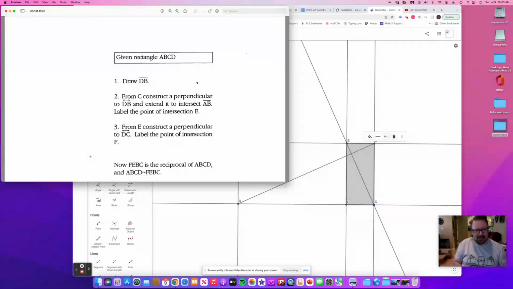And the way we can show two rectangles are similar is by the ratio of their length to their width.